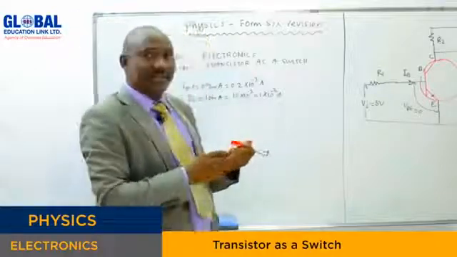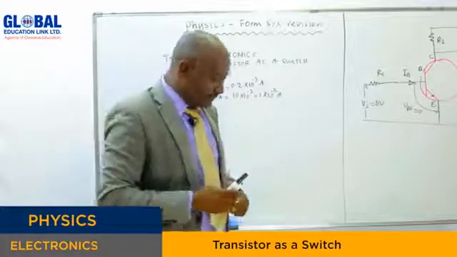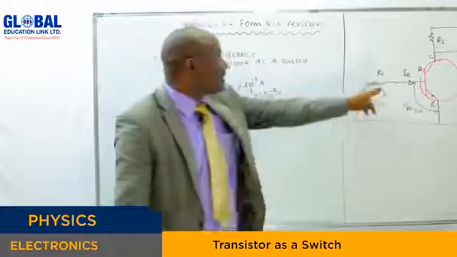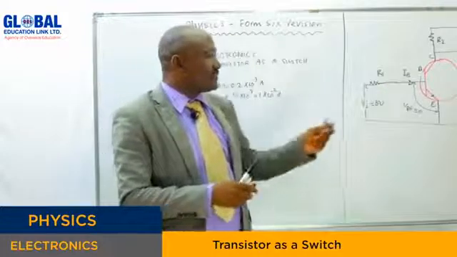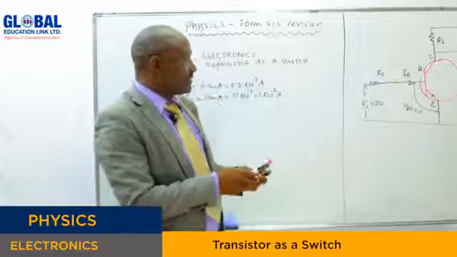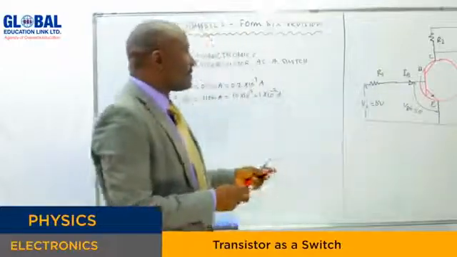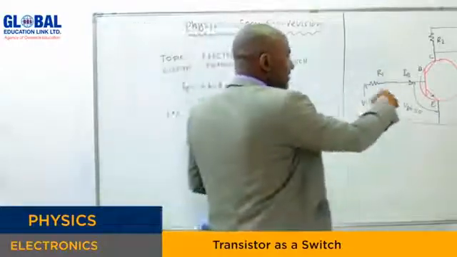You can see from this circuit, where do you find R1? R1 is found in the input circuit, and R2 is found in the output circuit. So consider the circuit which involves the input and output.